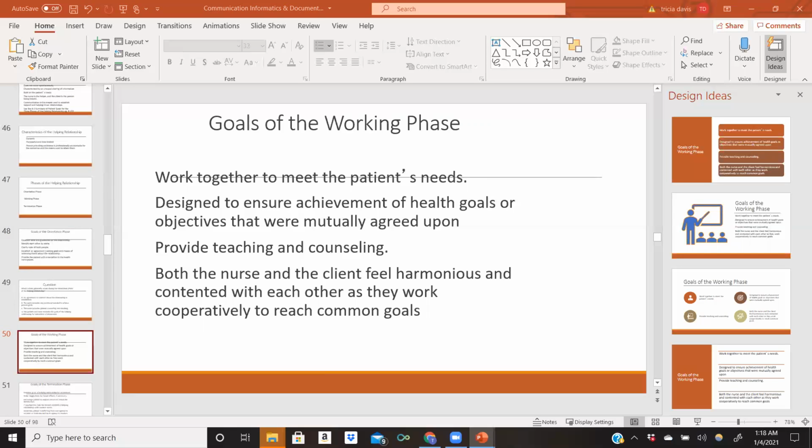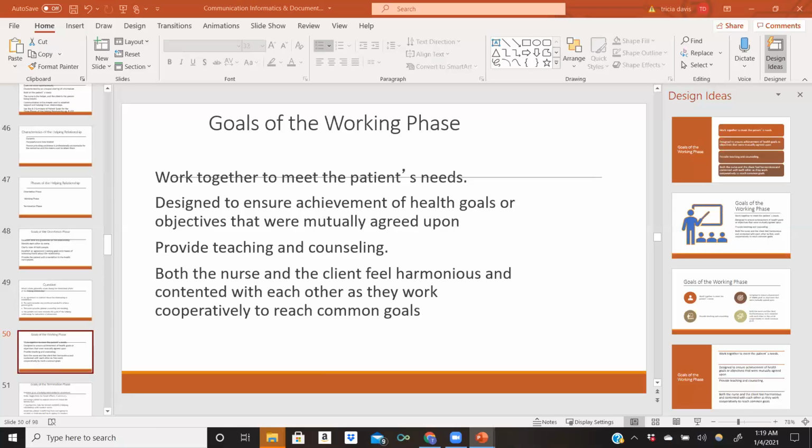The nurse, as a caregiver, provides the patient with whatever assistance they need to perform the activities of their daily living. Patient interactions that occur at this time are going to be purposeful, and they are designed to ensure the achievement of healthcare goals or objectives that you mutually agreed upon.